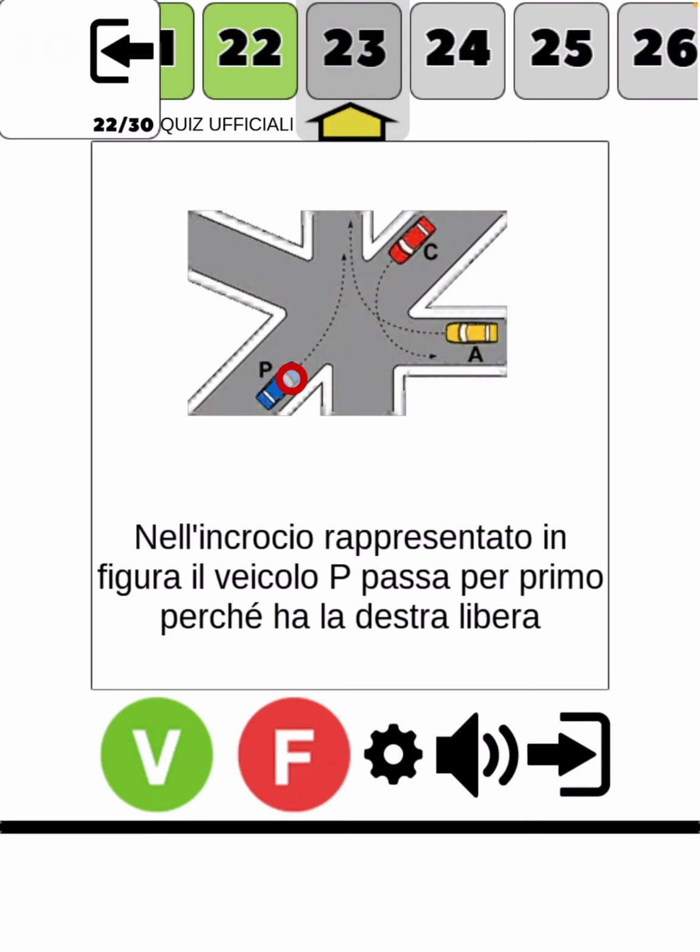The intersection shown in the figure: vehicle P passes first because it has free right. This question is falso.